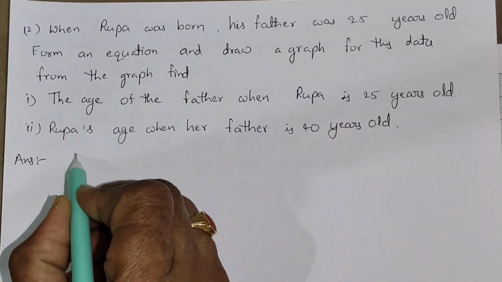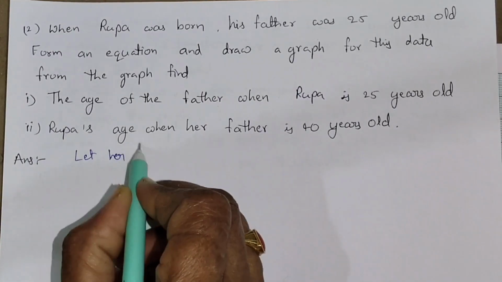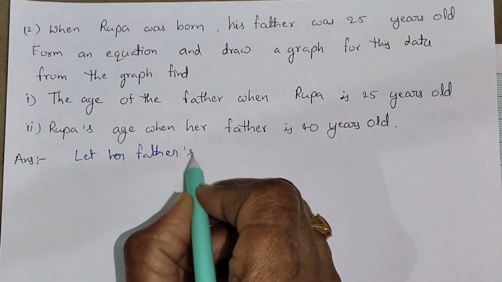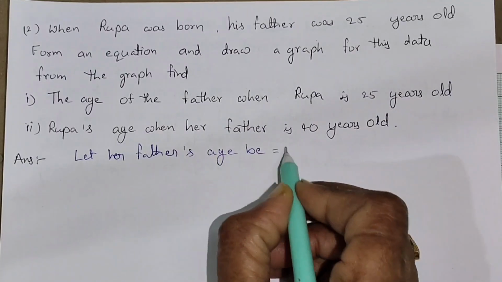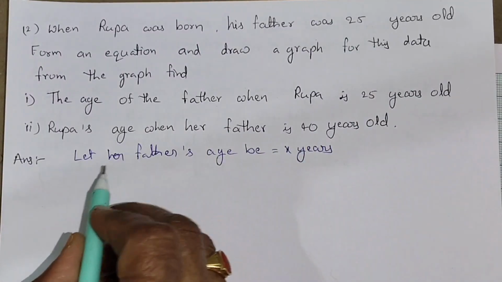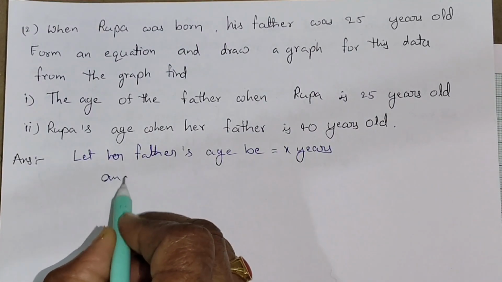First, we write: let her father's age be x years and Rupa's age be y years.